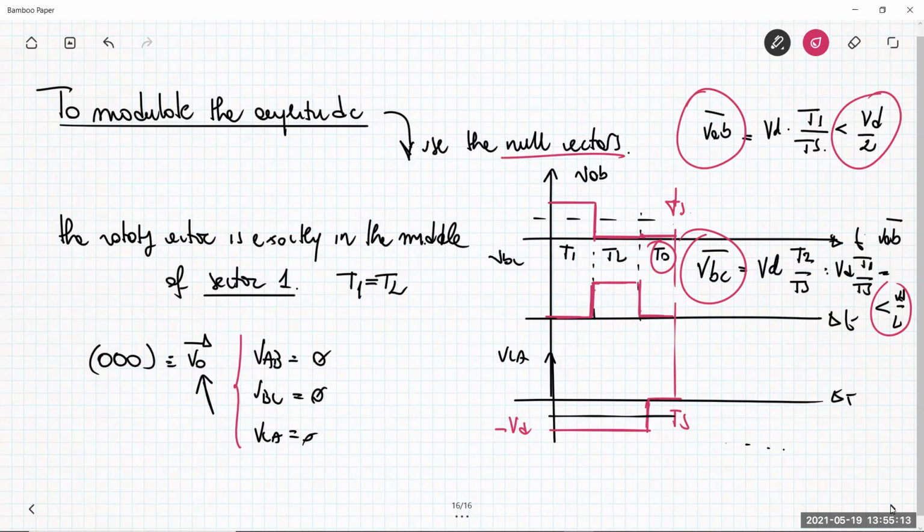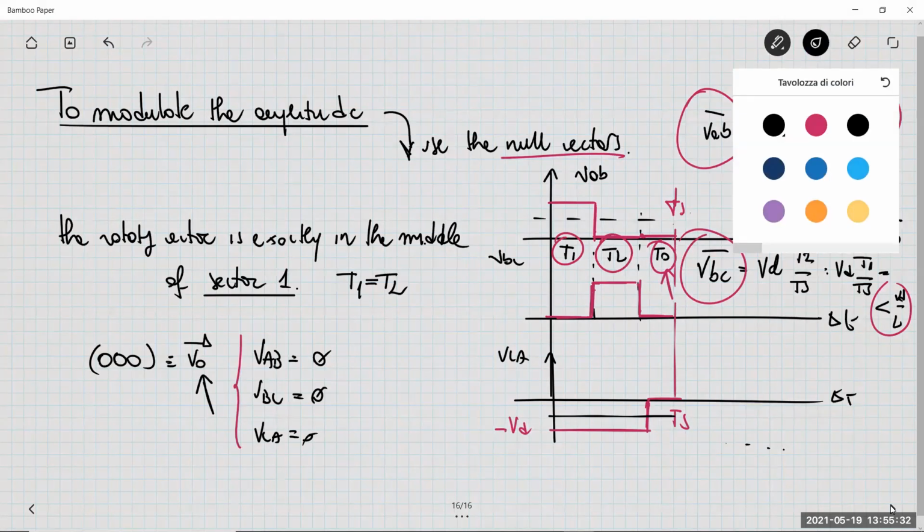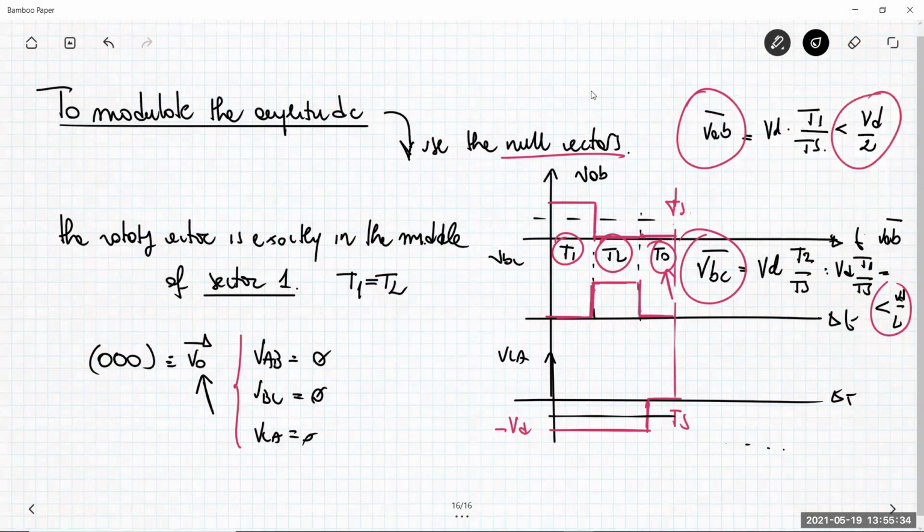The direction is only defined by the T1 and T2 time intervals in which I apply V1 and V2. They define the position of the rotating vector. T0 is added just to modulate the magnitude.